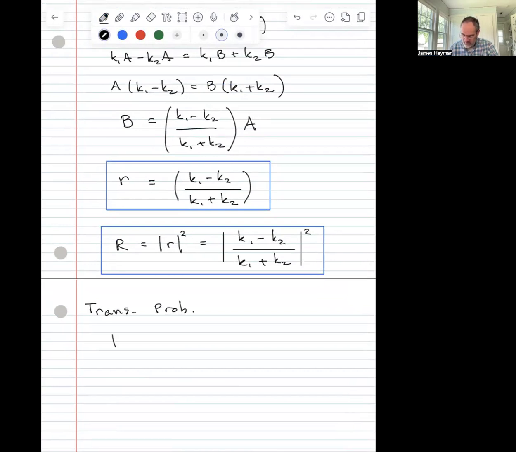As I mentioned, the transmission probability is just 1 minus R, because if particles aren't reflected, then they're transmitted. And so this would be, well, 1 minus R, and then we can use R from the previous expression. All right. In fact, I won't simplify this anymore.